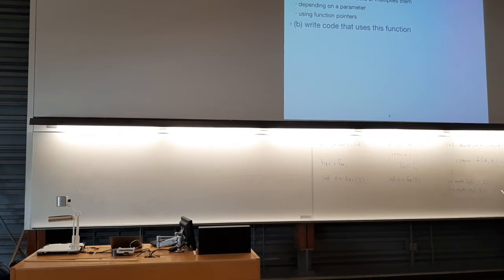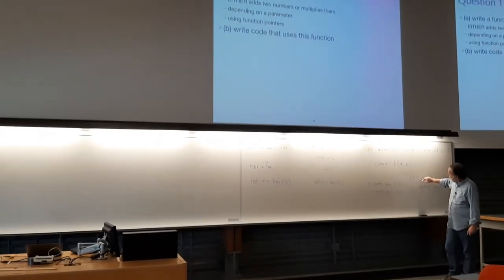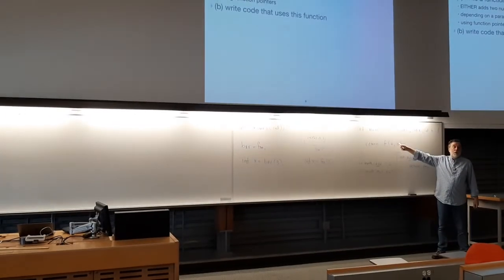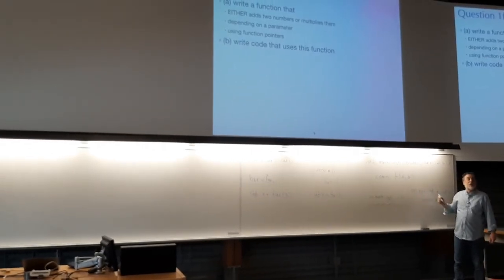So for example, if we declare the variable, the function add to be like this, then here's add, right? Add becomes the parameter in this call, the value of f. And so this call will call that function.